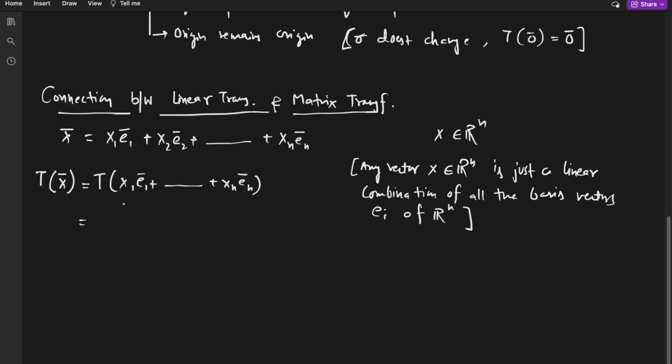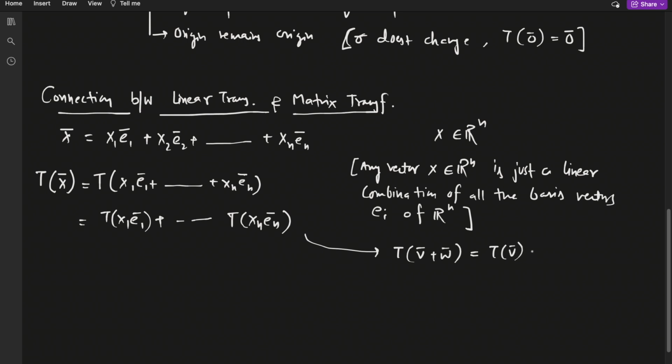Using that property, we can split this into additions. Which property am I using here? Linear transformation of the addition of two vectors is nothing but the addition of the individual linear transformations. These properties I explained in detail in the previous lecture.